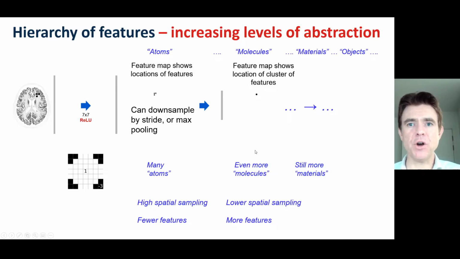But as we go up in the hierarchy, we actually need lower spatial sampling, and we achieve that by the downsampling, but we need more features, because there are more and more ways of combining those low-level atomic-like features. And so what I'm trying to convey here is that we end up with a hierarchy of features, increasing levels of abstraction of our data.